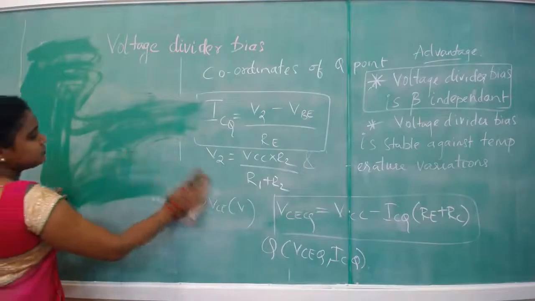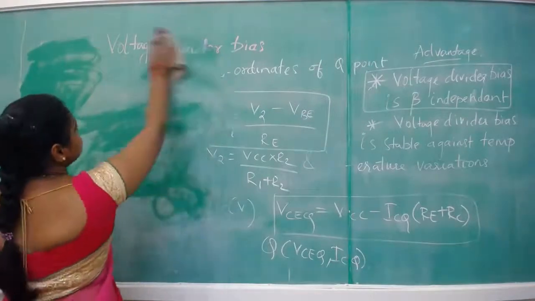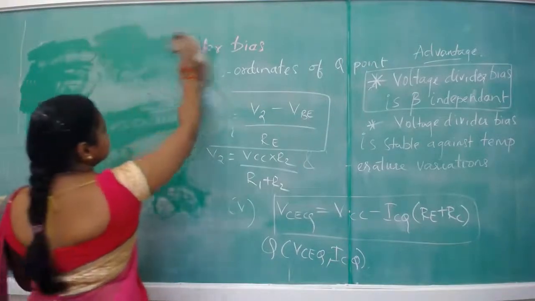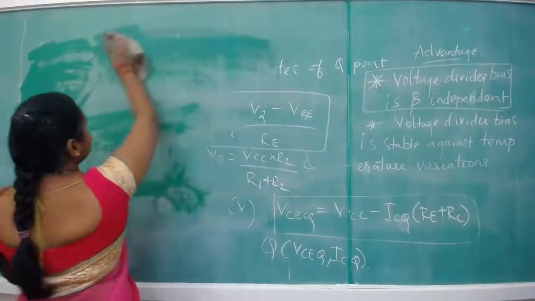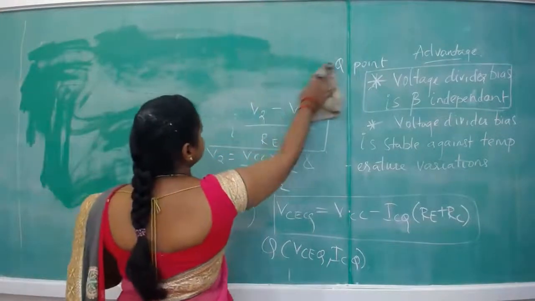We'll be solving a few numericals for this now. Numericals for the voltage divider bias.